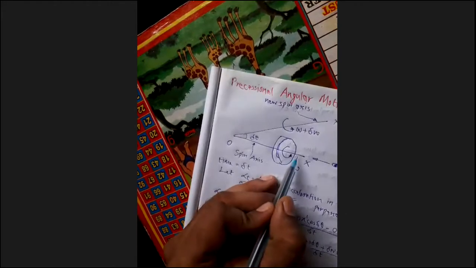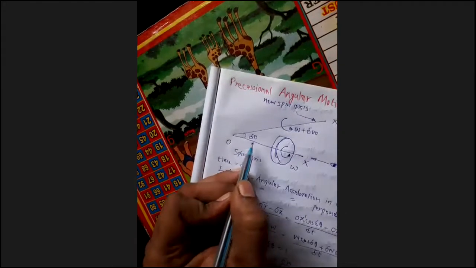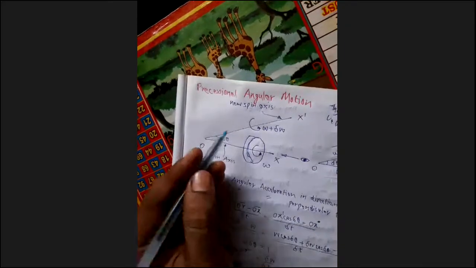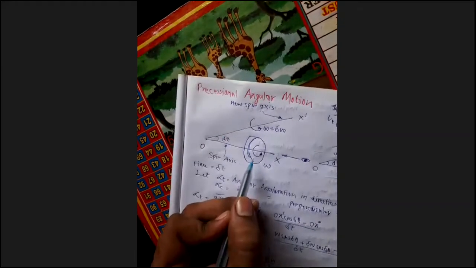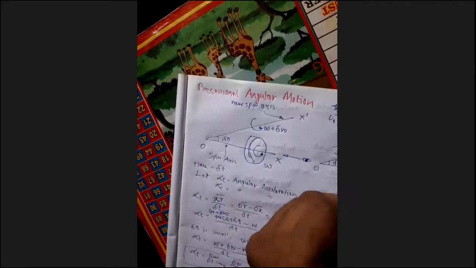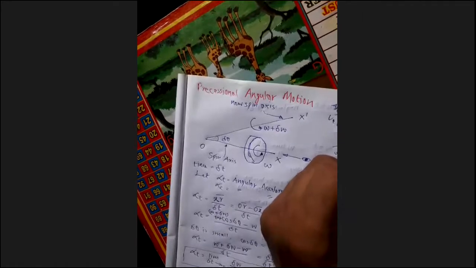So what happens when this spin axis rotates by an angle delta theta? This is called precessional angular motion. Then the disk is acted upon by two accelerations. One acceleration is along OX, which we call alpha t, equal to d omega by dt. The other acceleration is perpendicular to OX, and this is the gyroscopic acceleration.